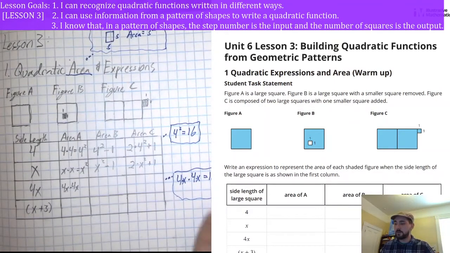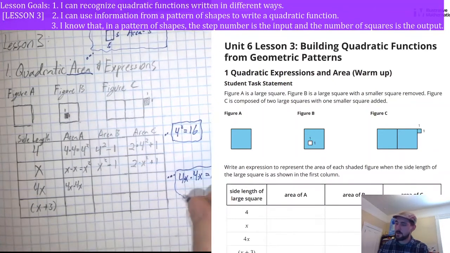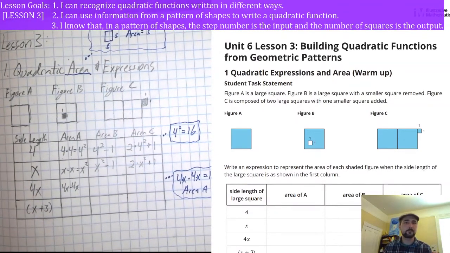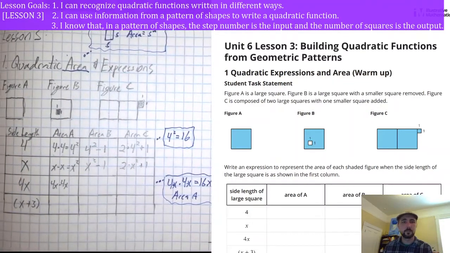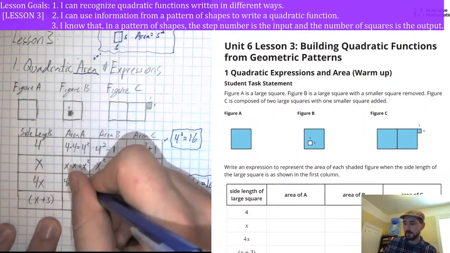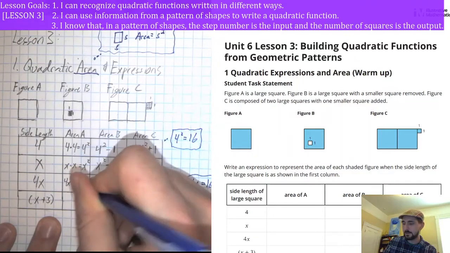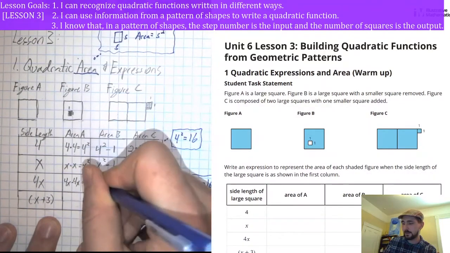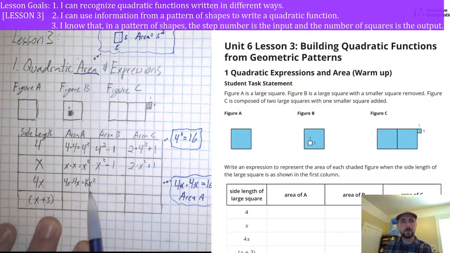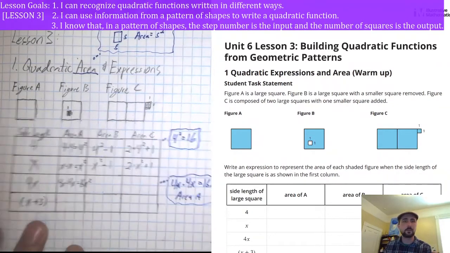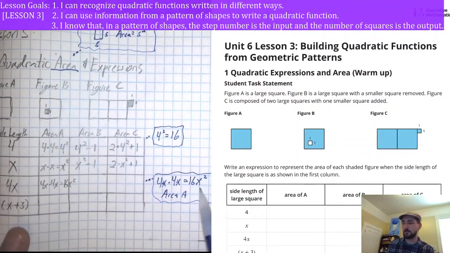So going back, this is all for area A, right? So 4x times 4x we can write as 16x squared. Oh, I didn't really give myself enough room. Hopefully you guys can see that. 16x squared. It's over here as well.